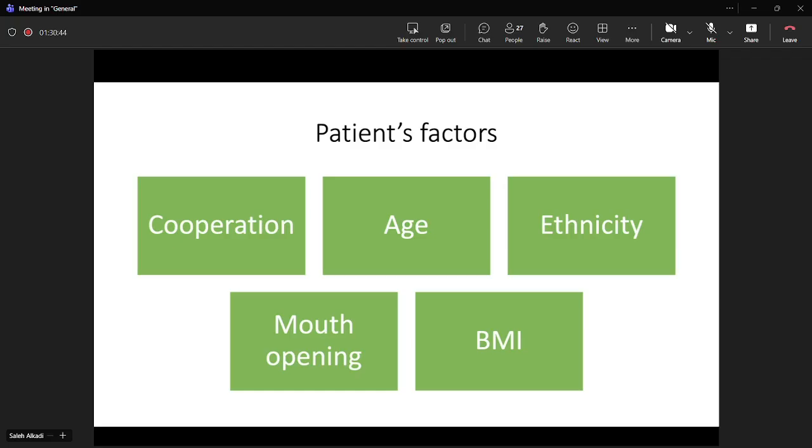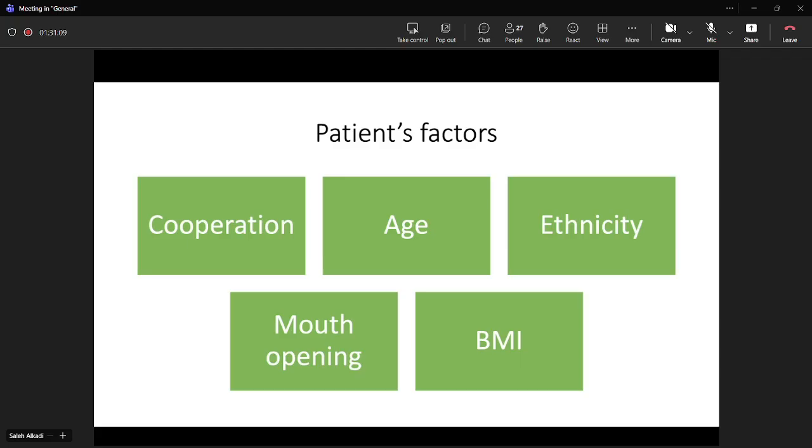So cooperation is very important, and it is the most important factor that will tell you about the best setting for doing this extraction, whether under local anesthesia, or local anesthesia with conscious sedation, deep sedation, or just to put the patient to sleep and do the extraction.